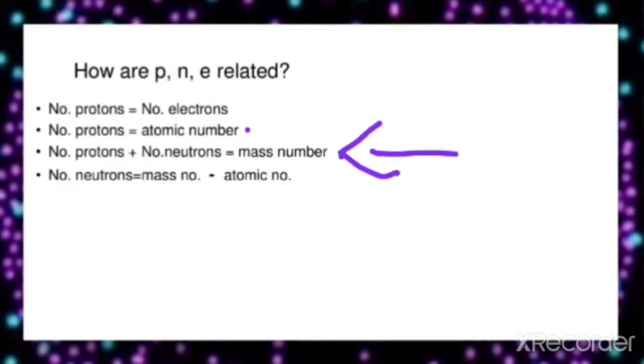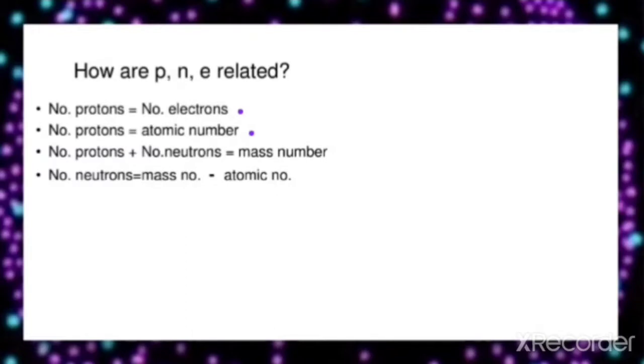As we know, protons plus neutrons is equal to mass number. So if mass number is known to us and number of protons is known to us, how do we find neutrons? The number of neutrons must be equal to mass number minus atomic number. So these relations are quite important in the case of an atom. That is, the number of protons must be equal to the number of electrons, since the atom is electrically neutral, and the number of protons for an atom is its atomic number.